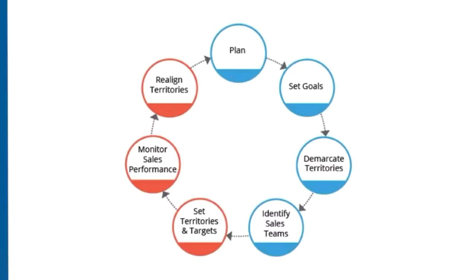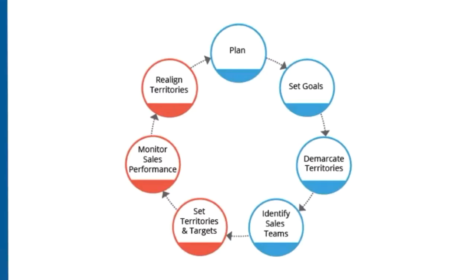So then you definitely have to identify sales teams according to their strengths, their experience, their knowledge and domain. Once you identify sales teams, you can start implementing inside CRM. Set targets for territories, so that individuals also will get their own targets and quotas to achieve.